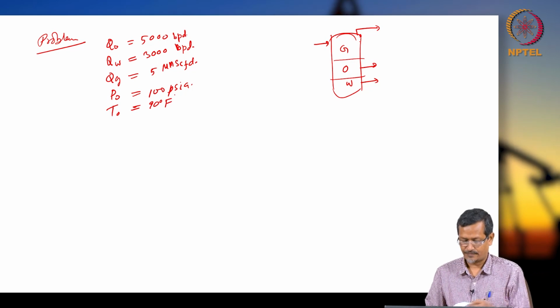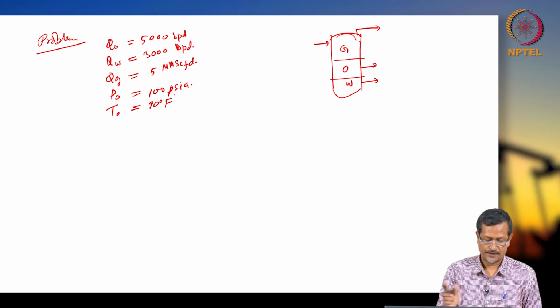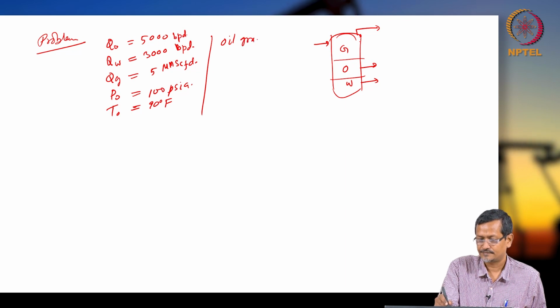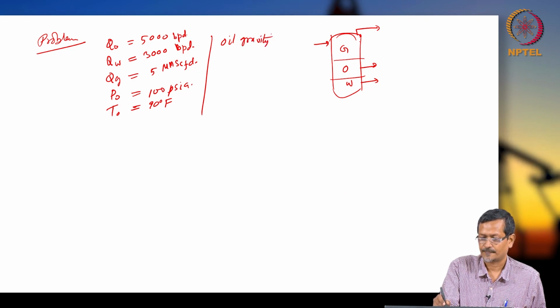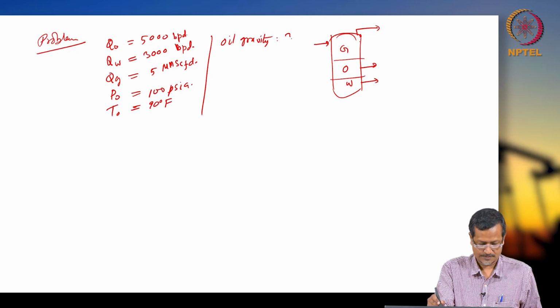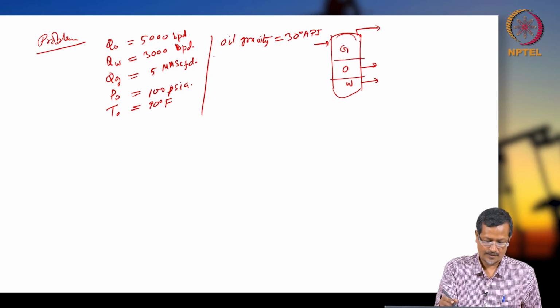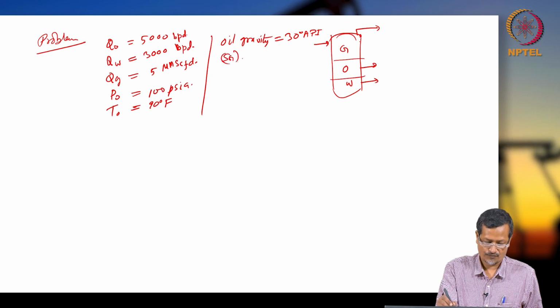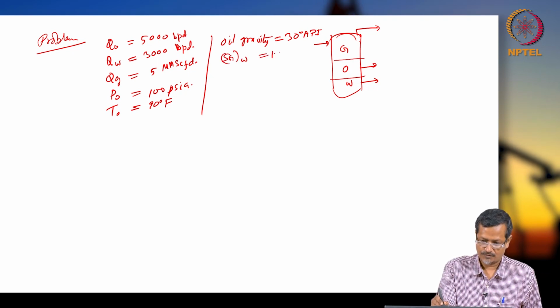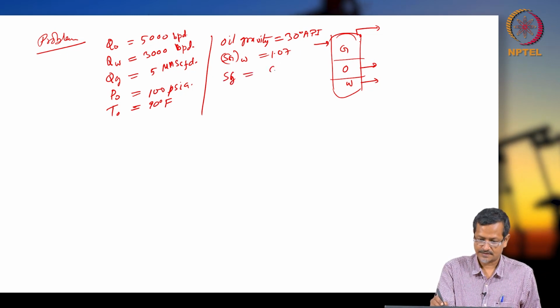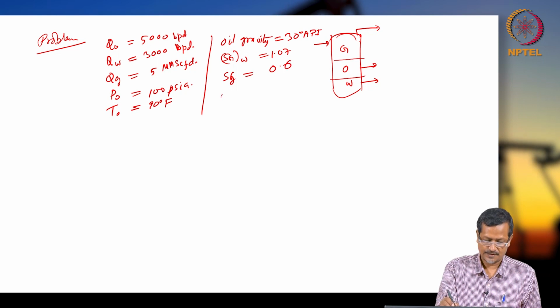Some more data are given. Oil gravity is 30 degree API, specific gravity of water is 1.07, specific gravity of gas is 0.6.